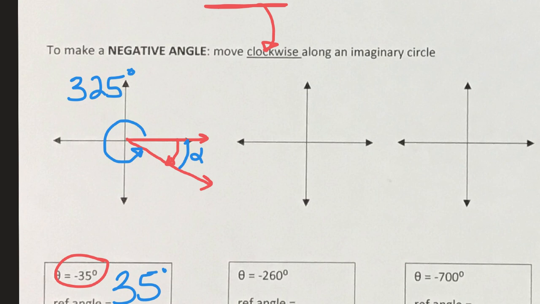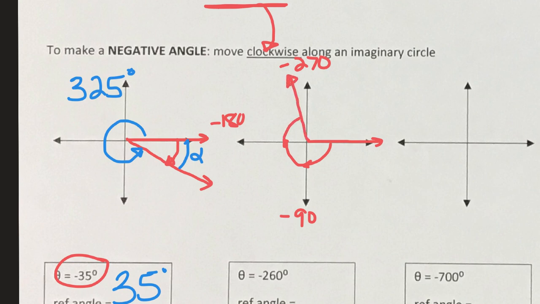Okay, negative 260. We start at the positive x-axis and we go in a negative direction. So negative 90 is at the bottom of your y-axis, and then negative 180 is the negative x-axis. Negative 270 is too far, so our angle is going to stop there, 10 degrees shy of the negative y-axis.